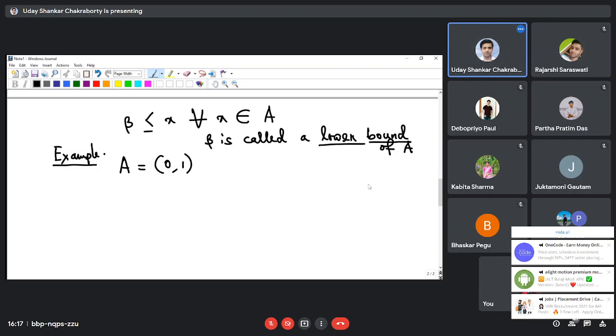Then Rejabul, other than 0, can you give me another lower bound? Other than 0, any other lower bound?